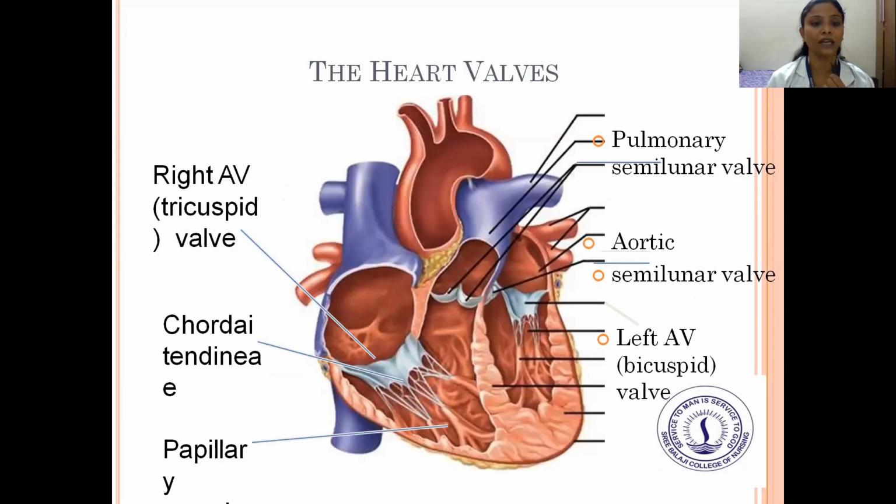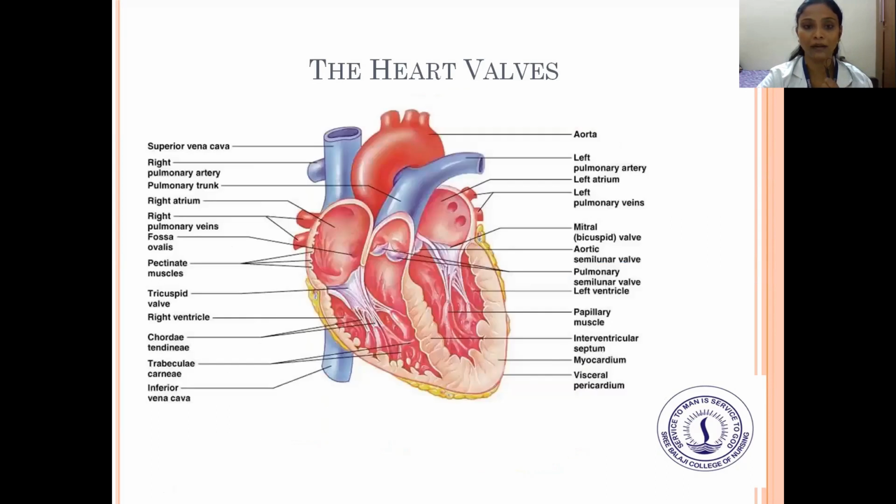Heart valves: that is the right cuspid valve, chordae tendineae, papillary muscle, pulmonary semilunar valve, aortic semilunar valve, and the left AV, that is the bicuspid valve. And these are the heart valves. You can see the superior vena cava, right pulmonary artery, pulmonary trunk, right atrium, right pulmonary vein, fossa ovalis, pectinate muscles, tricuspid valve, right ventricle, inferior vena cava.